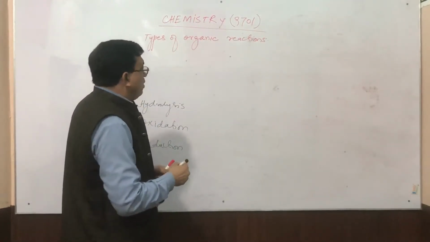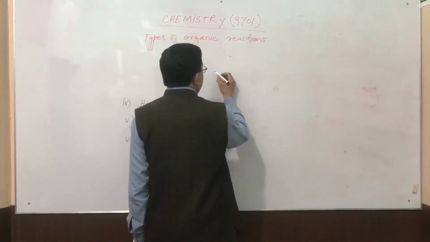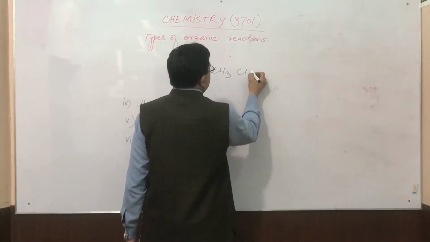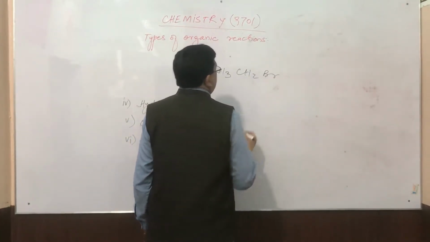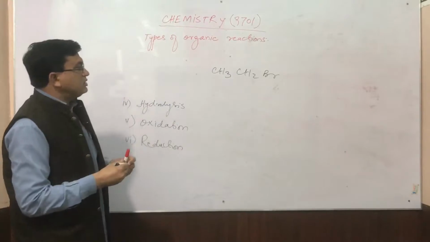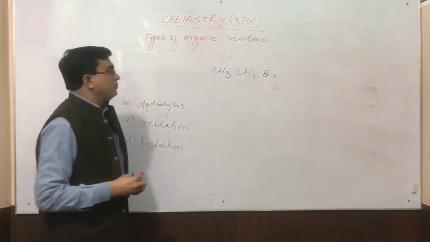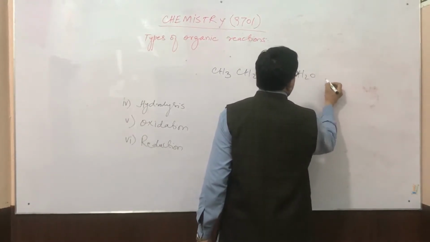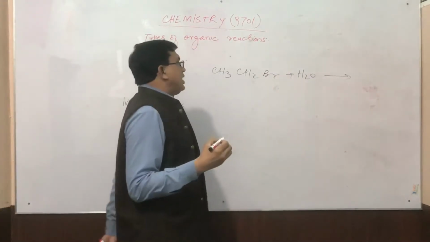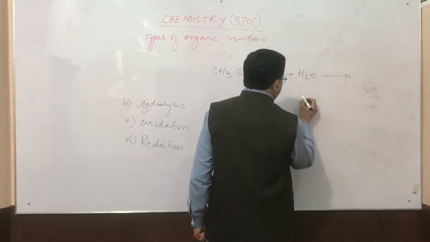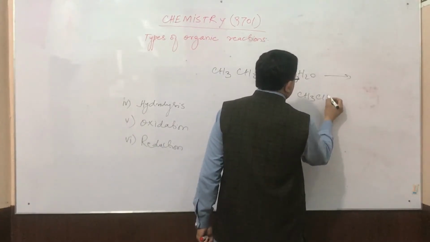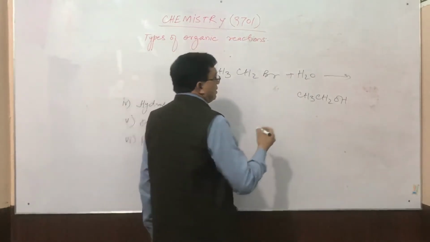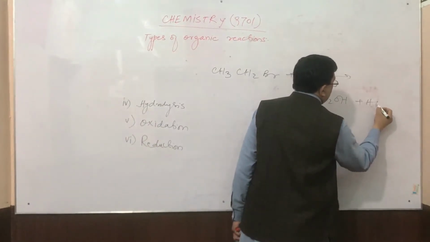For example, if we perform hydrolysis of CH3CH2Br, bromoethane, then as a result we will get CH3CH2OH along with HBr.